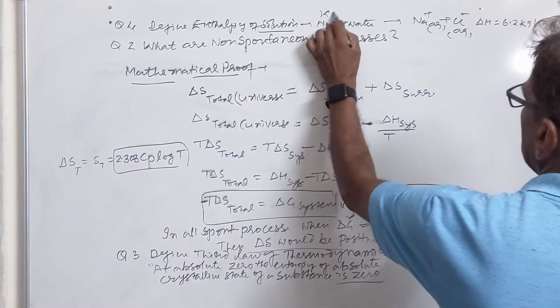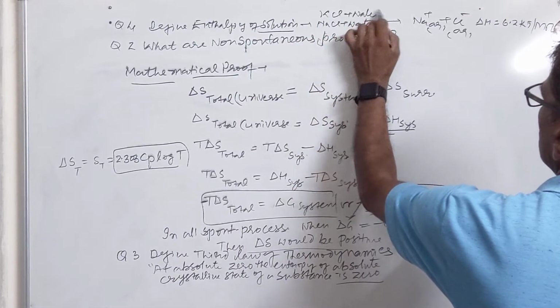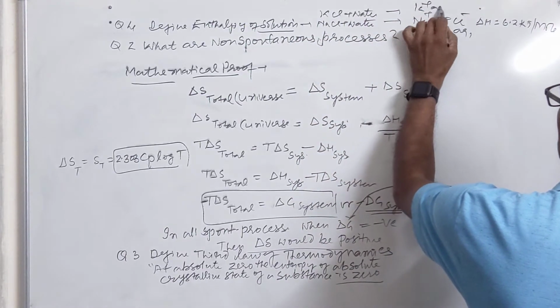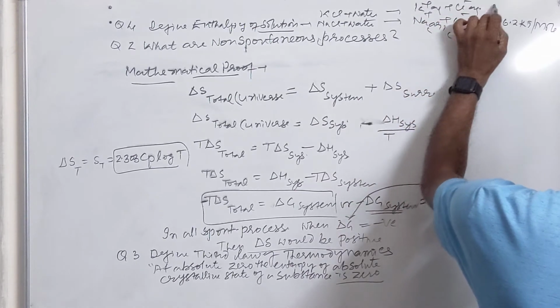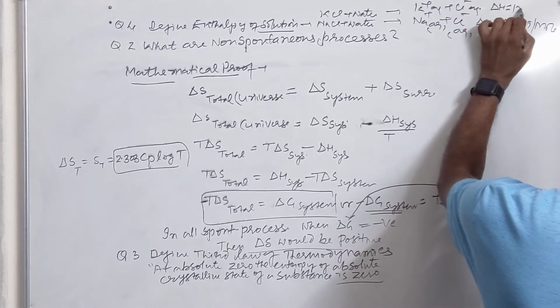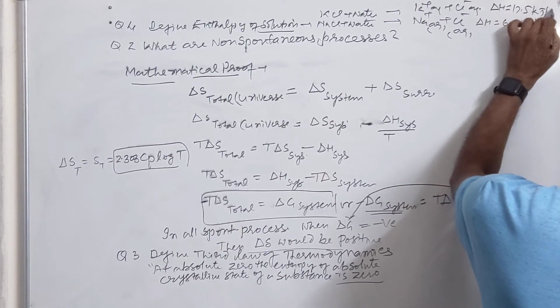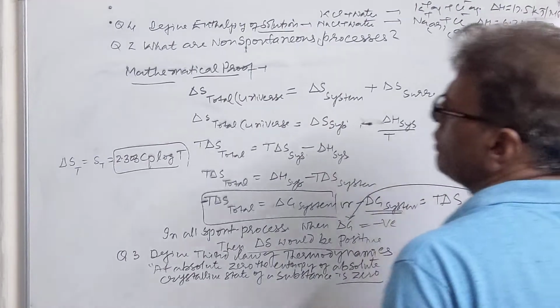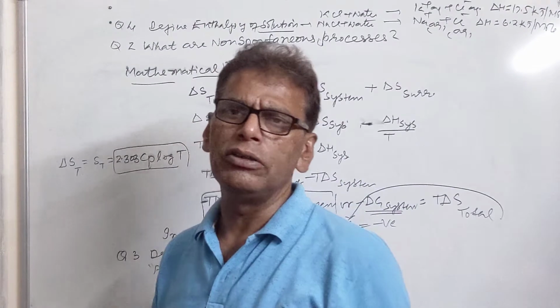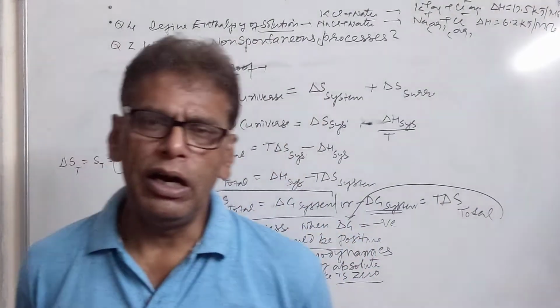Similarly, when KCl is dissolved in water, we get K positive aqueous plus Cl negative aqueous. Delta H is 17.5 kilojoules. Both of the reactions are endothermic in nature. So whenever salts dissolve in water, they absorb heat.